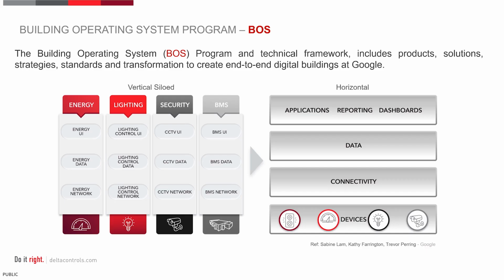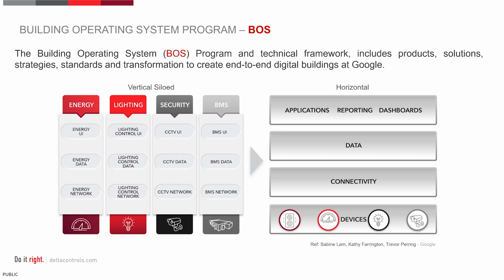The fundamental problem they're trying to solve is to take these silos. Traditionally, building services are siloed. The lighting guy doesn't talk to the security guy. The energy guy doesn't talk to anybody. The BMS guy is a poor bloke who gets the blame for everything. And they're all in silos. They don't talk to each other. And when somebody needs to come along to get the data out, they need to know how to talk to each one of these silos individually.